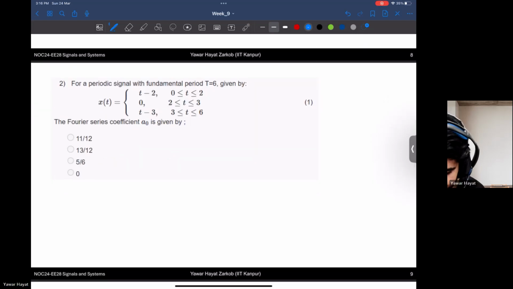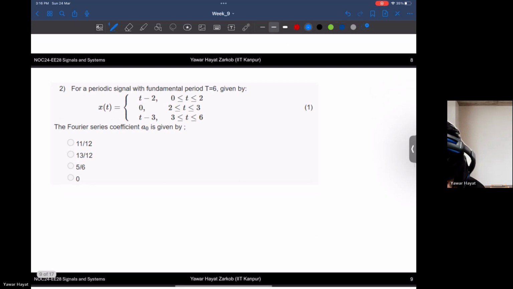Second one. For a periodic signal with the fundamental period t equal to 6, defined by this piecewise defined function, you need to find the Fourier series coefficient A0. What is Fourier series coefficient A0 by definition?